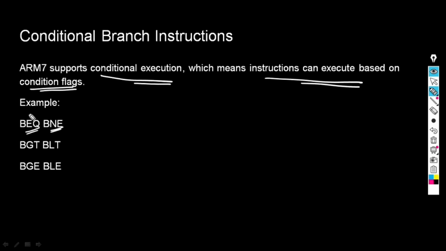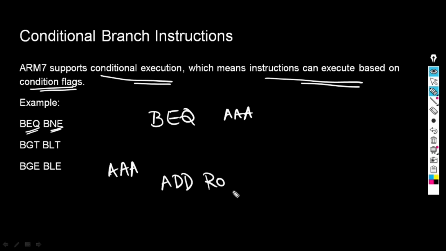For example, here we have an instruction like BEQ. Let me take something like BEQ followed by AAA, where AAA is a label. Let me consider some addition happening here. So what exactly does it mean? In this particular line, what exactly is checked? The Z flag will be checked.